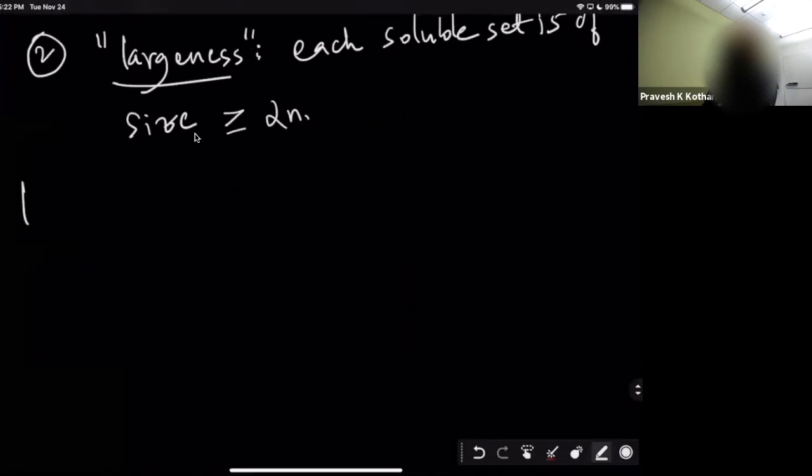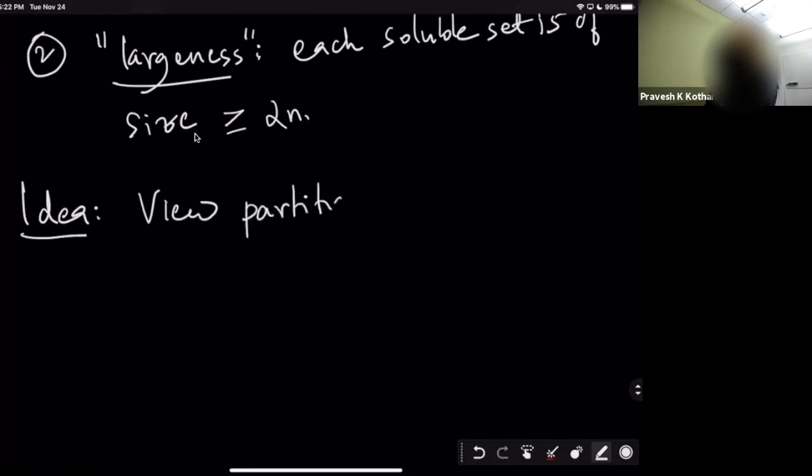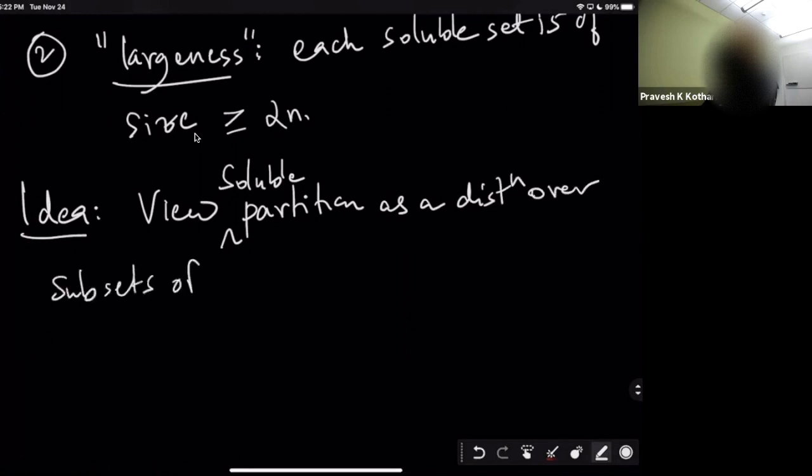So the idea is to view a soluble partition as a probability distribution over subsets of the equations.